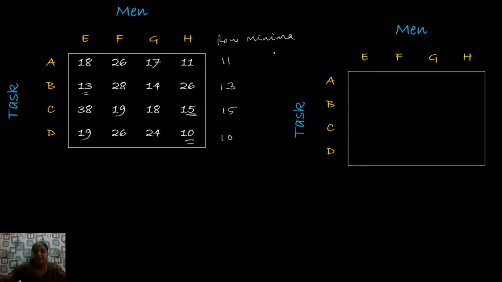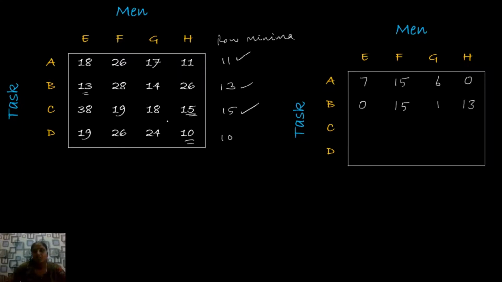Subtracting 11 from the first row elements: 18 minus 11, 7; 26 minus 11, 15; 17 minus 11, 6; 11 minus 11, 0. For the second row, 13 is the minimum element: 13 minus 13, 0; 28 minus 13, 15; 14 minus 13, 1; 26 minus 13, 13.